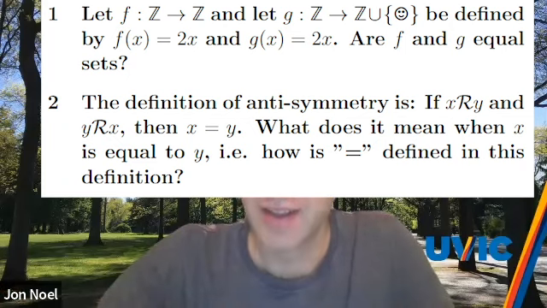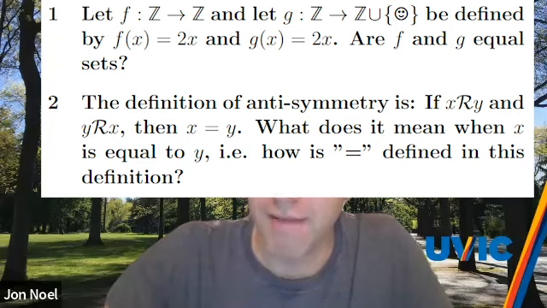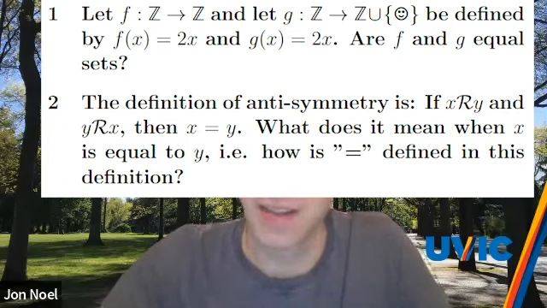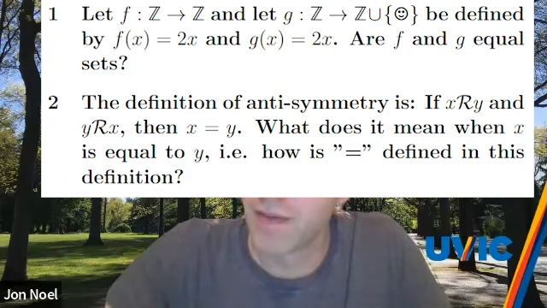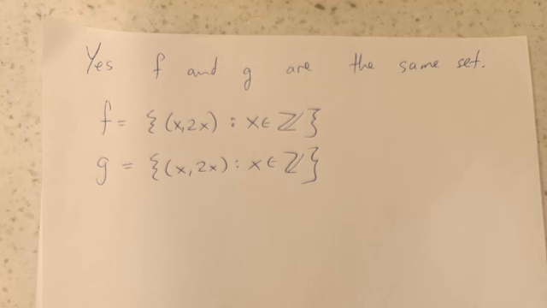The answer is that yes, f and g are equal as sets. So they are the same set because f is the set of all pairs (x, 2x), where x is an integer, and g is also the set of all pairs (x, 2x) such that x is an integer.